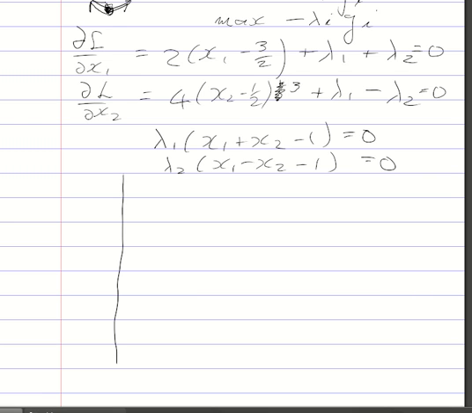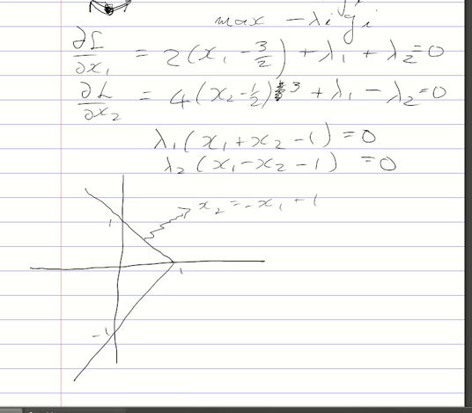If we look at the actual area we're optimizing over here, our two equations just form two straight lines. The lambda 1 equation relates to this line here, so that is x2 is equal to minus x1 plus 1.